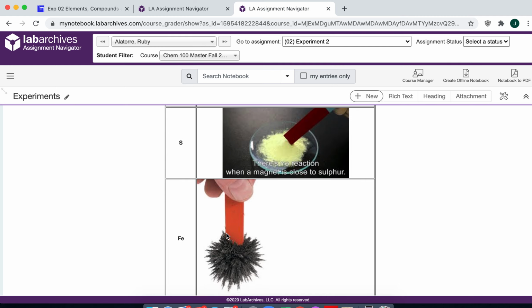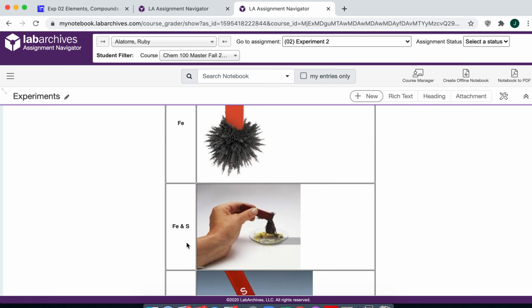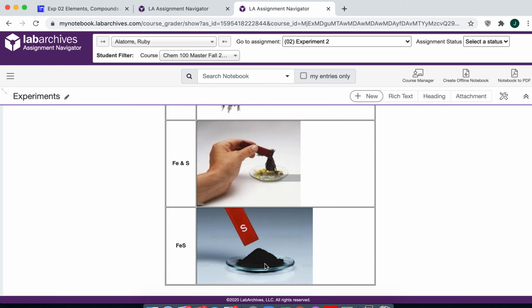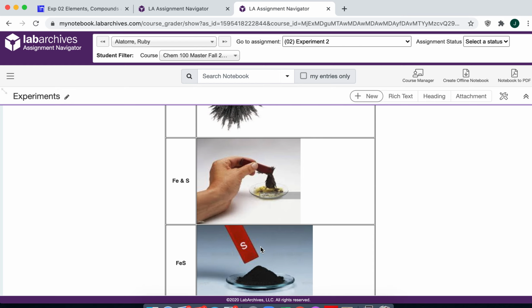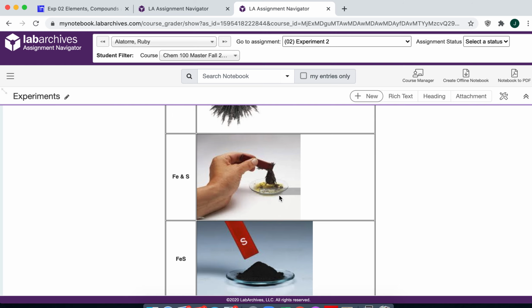In the mixture of Fe and S, Fe is attracted to the magnet while sulfur is not. And the FeS compound is not attracted to the magnet at all. Basically, they can use this property to separate Fe from the sulfur, using a magnet to separate Fe out of the sulfur mixture.